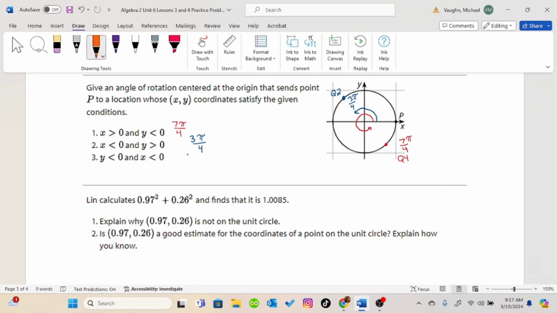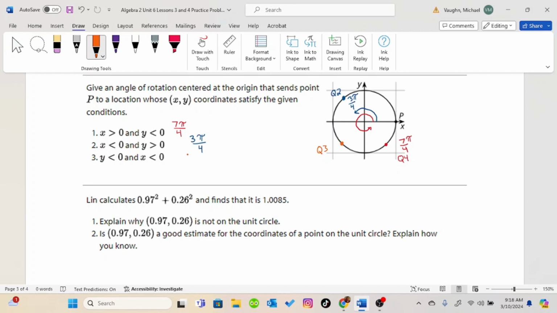And finally, number 3, we want y to be less than 0, so we need to be on the bottom half of the circle. And we want x to be less than 0, so we need to be on the left side of the circle. So we need to be down here in quadrant 3.